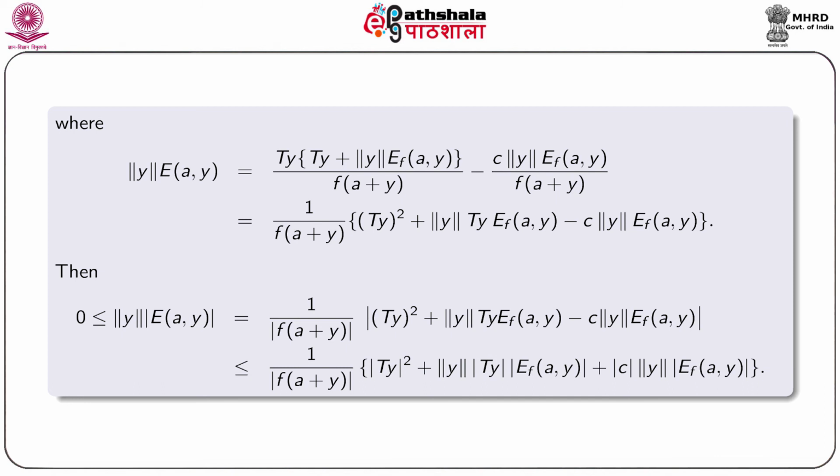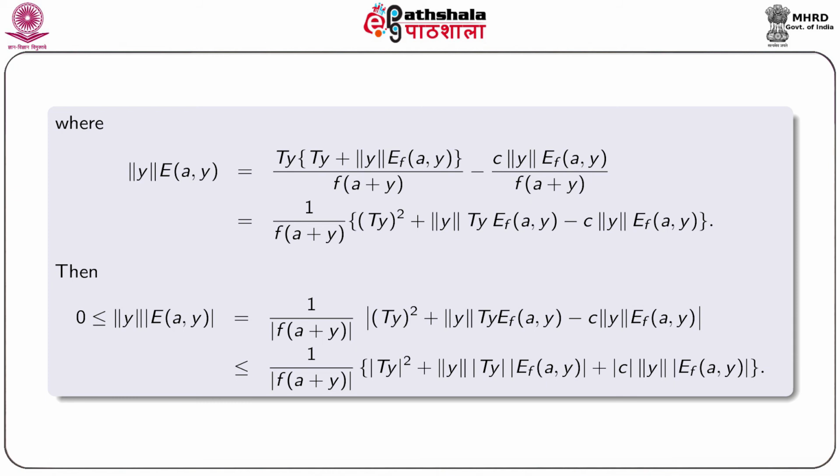So, if we take the modulus of this quantity, norm y comes out, and obviously norm y and modulus of E(a,y) is non-negative. So, it equals 1 upon mod f(a+y) times the modulus of the sum (T y) squared plus norm y T y E_f(a,y) minus c norm y E_f(a,y).